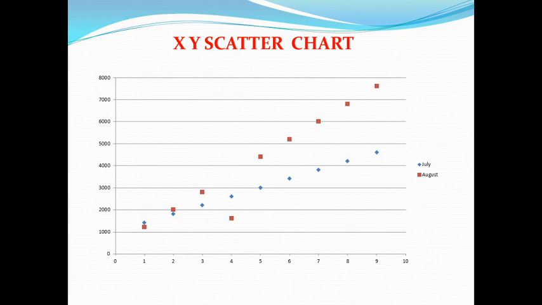Each value of the y variable depends on the corresponding value of the x variable. The chart combines these values into a single point and displays those points at the intersection of the x and y numerical values.